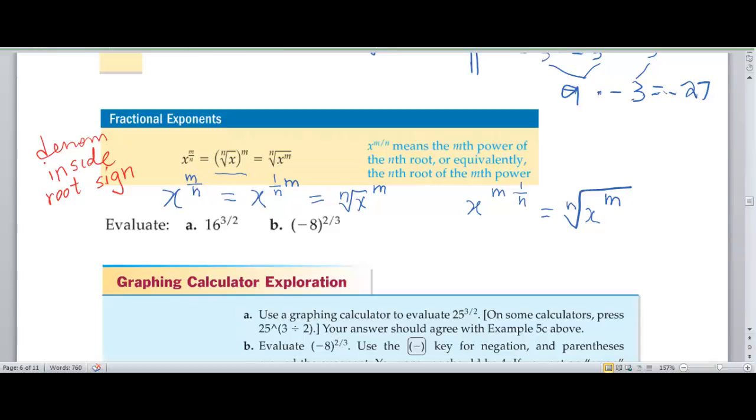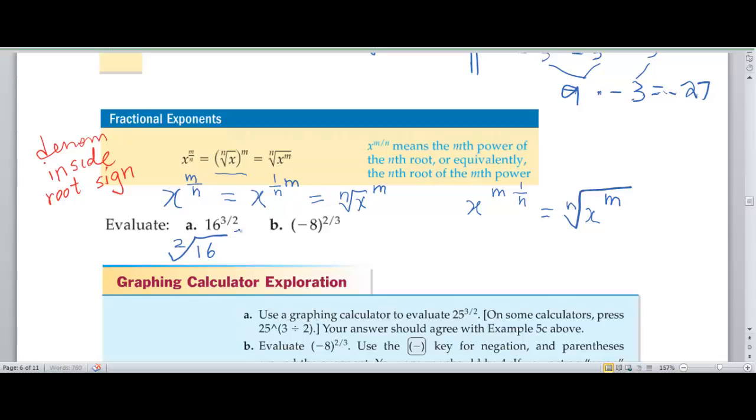Let's do this one, 16 to the 3/2. So 2 is on the denominator, so that goes inside here. Now you don't have to write that 2, it's just square root, okay? You know that goes inside, and then it's 16 to the 3rd. Now if I put 3 on the inside, I have to figure out 16 to the 3rd and then take the square root of that.